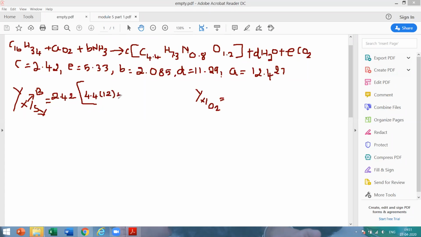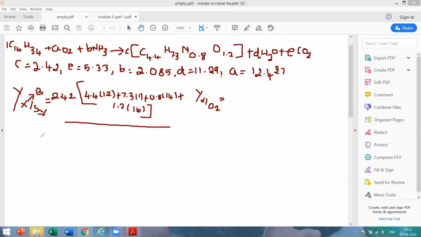4.4 into 12 plus 7.3 into 1 plus 0.8 into 14 plus 1.2 into 16, divided by, okay, substrate is what?